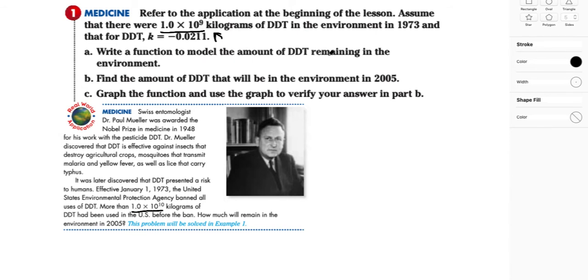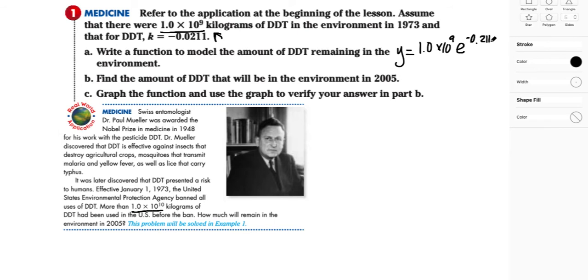All right, so the first thing they want us to do is write a function to model the amount of DDT remaining in the environment. So that's just in general. We remember that we're going to use this amount. So y is going to equal our initial amount, which we're going to have as 1 times 10 to the 9th power in kilograms. And we're going to multiply that by e, remember that formula we just talked about, to the k, the factor of decay that we have with this particular substance.